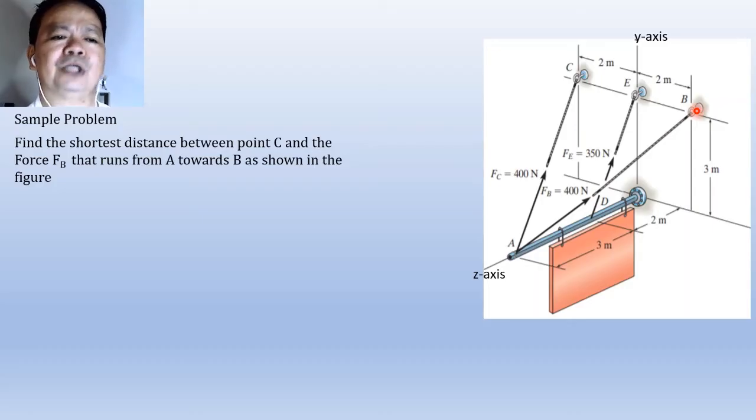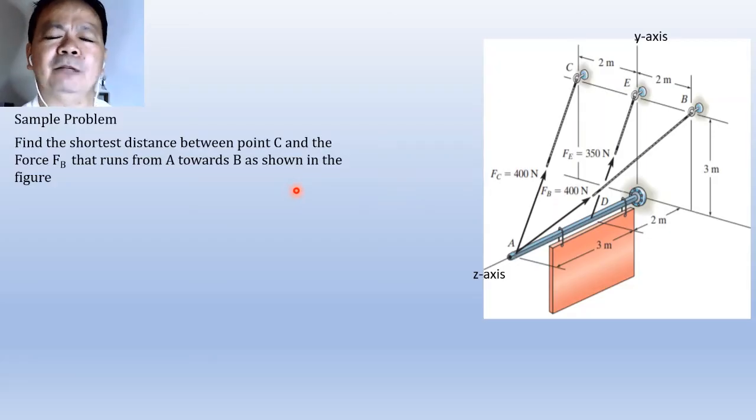And in the question, we are asked to solve for the shortest distance between this point C and the force or the vector F. So sabi dyan, find the shortest distance between point C and the force F that runs from A towards B as shown in the figure.